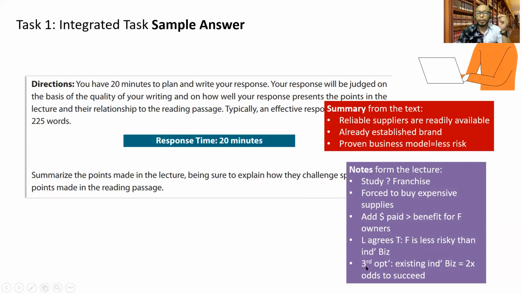But it also points out that there is a third option that the text didn't cover, which is buying an existing independent business, which based on the research that the professor cited, is twice more successful than buying a franchise.